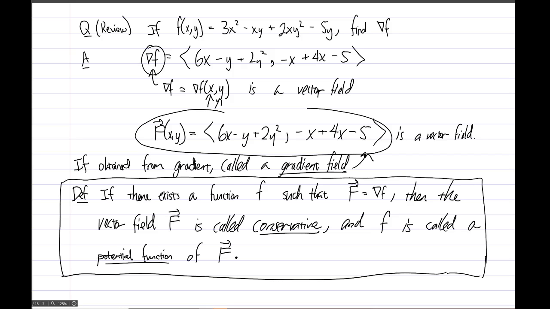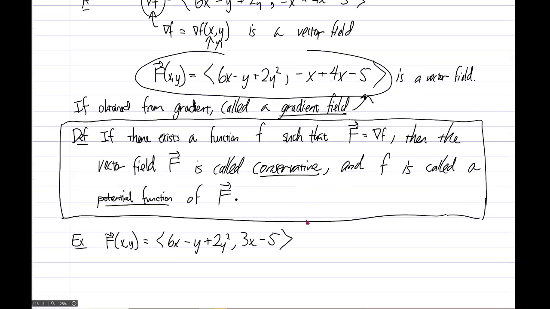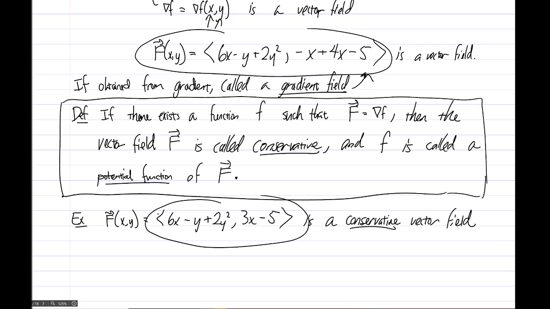So, example. It's really the example we looked at, but I just want to put the right language to it. So capital F of x comma y equals, angle bracket, 6x minus y plus 2y squared, comma, 3x minus 5. Oh, it's not the same example. New example, that's fine. Okay, this is a conservative vector field. So not just any old vector field. This vector field we're introducing is a conservative vector field.